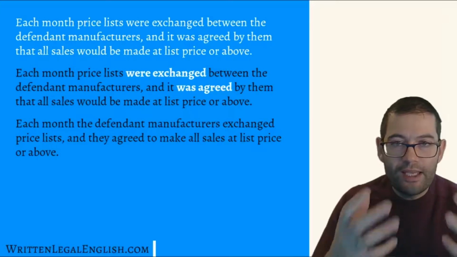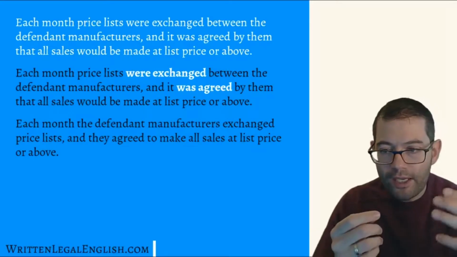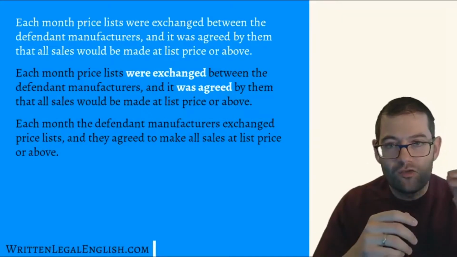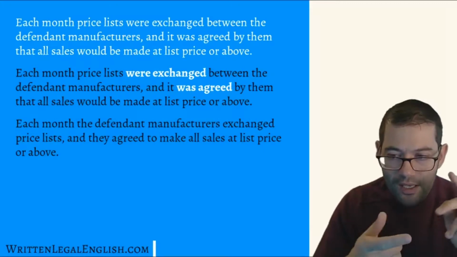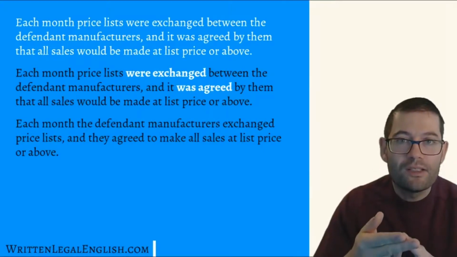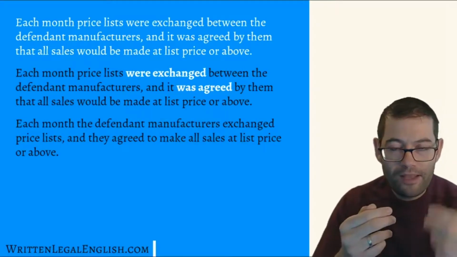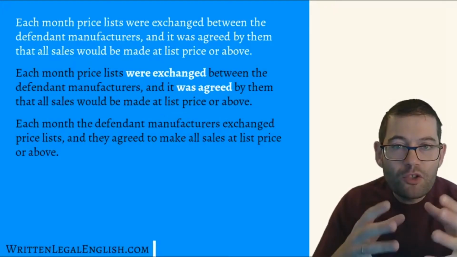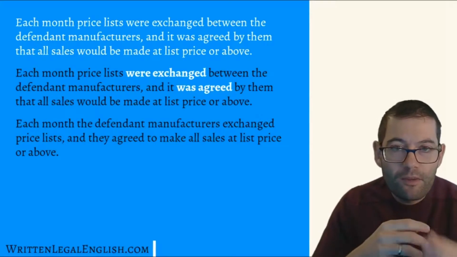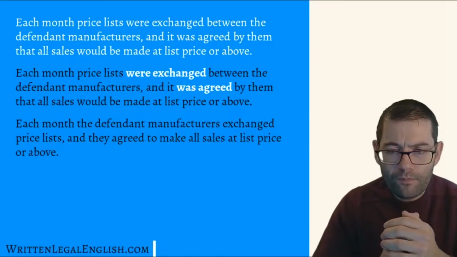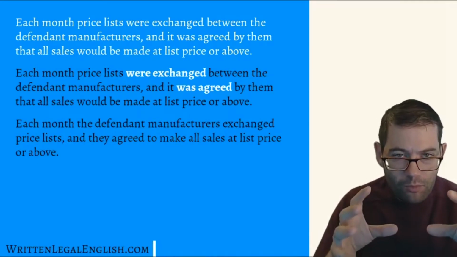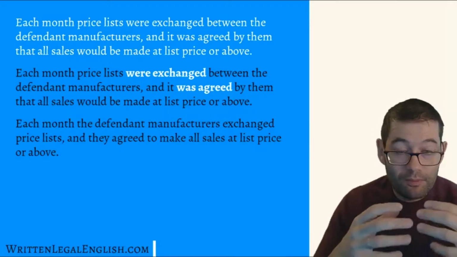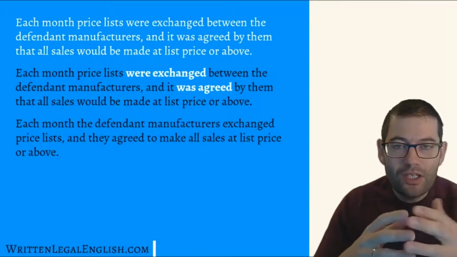First of all, it identifies who's doing what: each month, the defendant manufacturers, and then it tells us the actions: exchange price lists, and agree to do something. That method of communication, active voice, subject, verb, object, is much more powerful than the passive voice. And it is a much more normal and understandable method of communication.